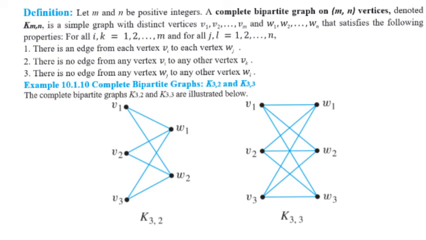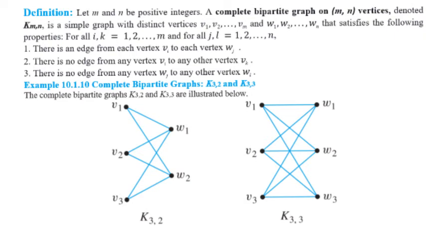So the size of the left hand side vertices is 3, and we have 2 vertices on the right hand side. As you see, none of these 3 vertices on the left hand side are adjacent to each other, and none of the vertices on the right hand side are adjacent. But between any vertex on the left hand side and any vertex on the right hand side, there is an edge.